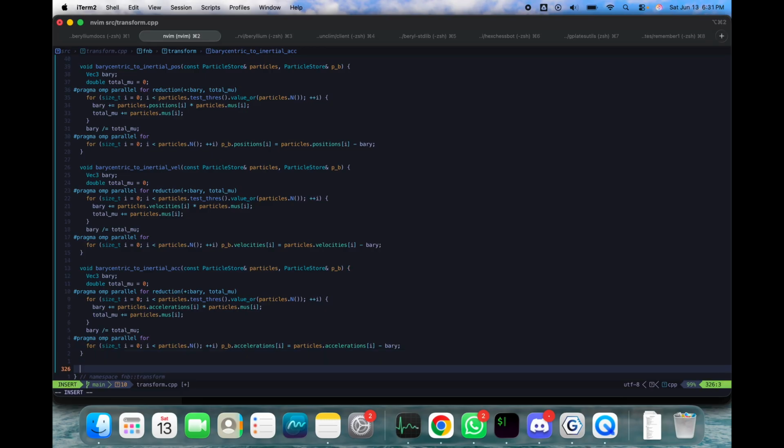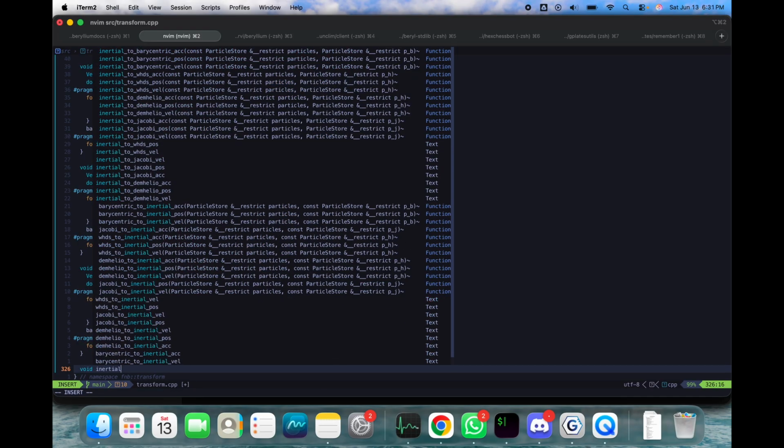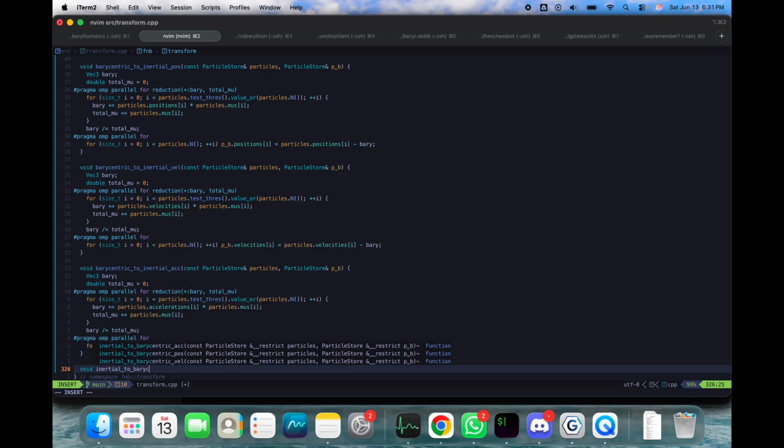Okay, so now we're going to have to deal with inertial to barycentric. And yes, we have lost all our relative position information. We're going to choose a body for it to be relative to.